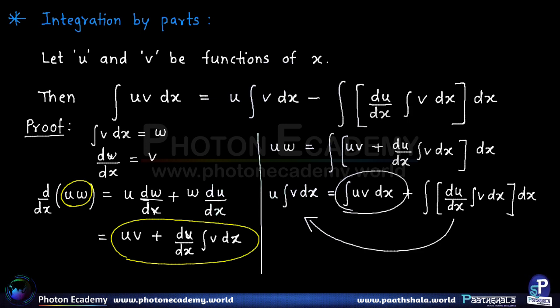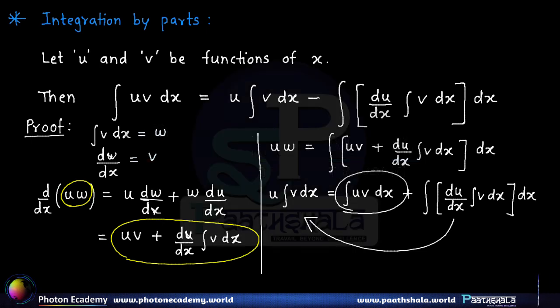Now we must choose the two functions u and v carefully, because if you observe the statement of integration by parts, v is the function which is always getting integrated. So we must pick v as the function which is easier to integrate as compared to u, right?